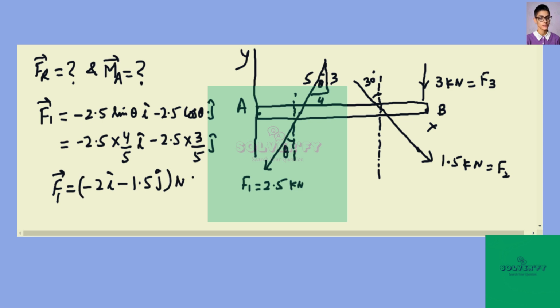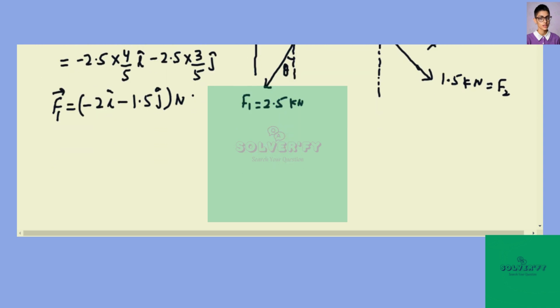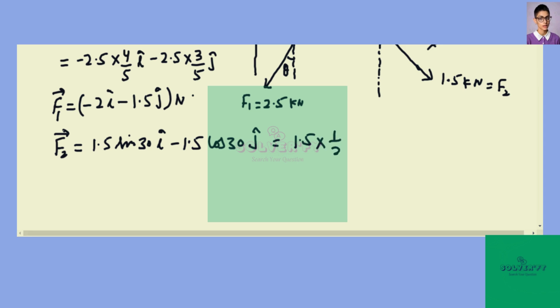Now we have to calculate the F2 force in components. F2 force, you may see from the figure, can be resolved in two components. It will be 1.5 sine 30 i cap minus 1.5 cos 30 j cap. Substituting the values, 1.5 times sine 30 is half, minus 1.5 times cos 30, root 3 by 2.